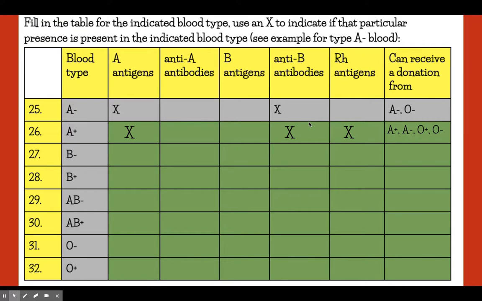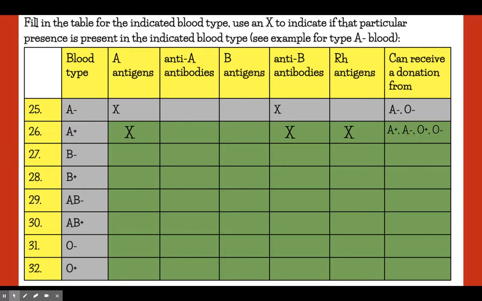Plus, here's the second part of your decision making. Very important. If somebody is Rh negative, we never, ever give them Rh positive blood because we would be sensitizing them to create antibodies.